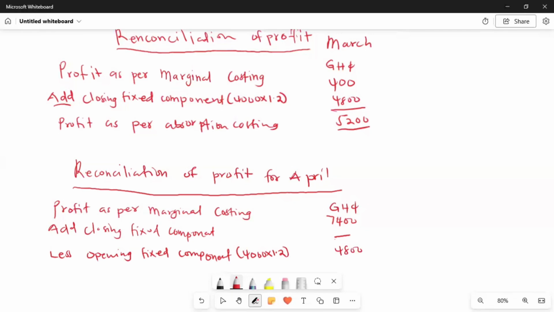So 7,400 minus 4,800 will give us 2,600. So we reconciled our profits. So 7,400, plus zero, because there's no closing unit, minus the opening fixed component, which is 4,800. So this one is the profits.